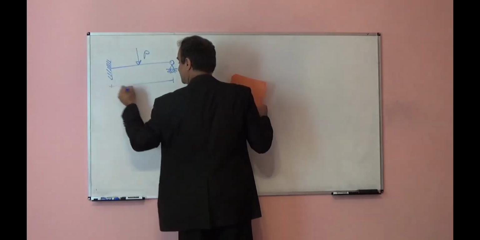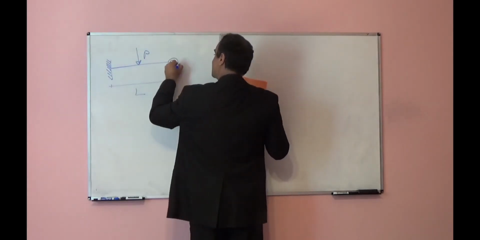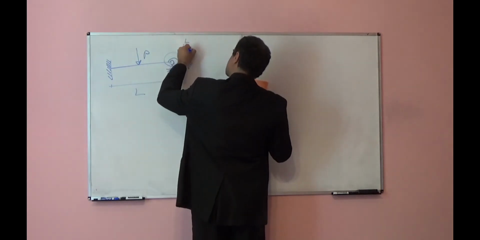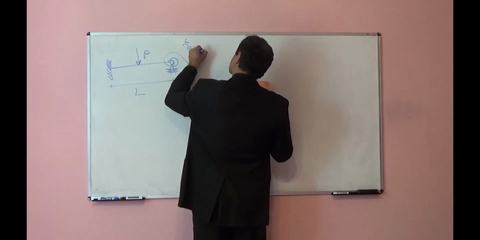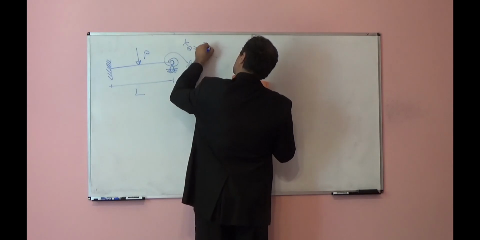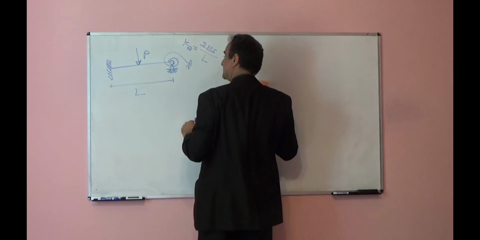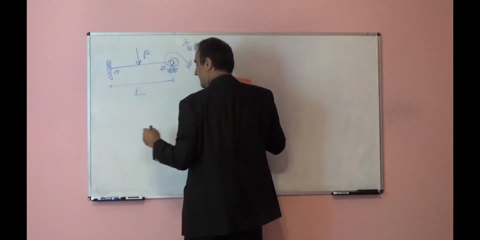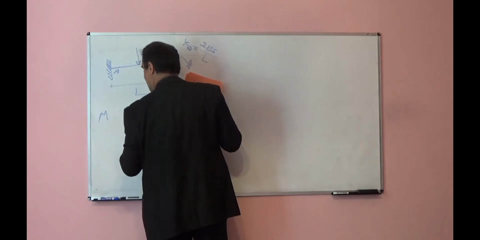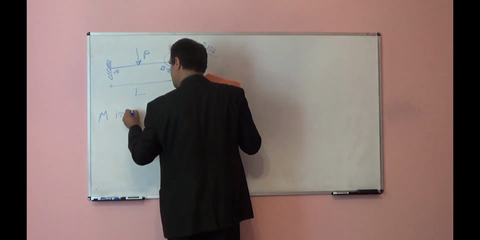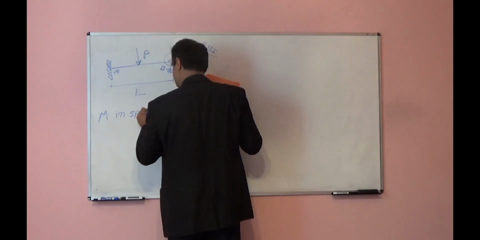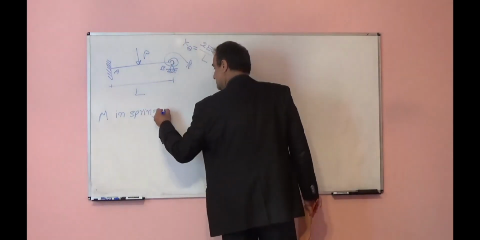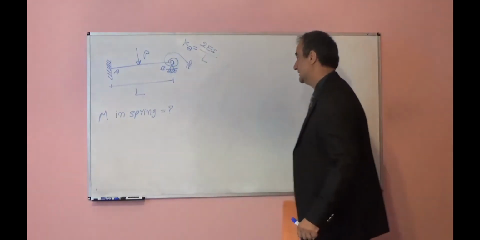The length is L. Here we have a rotational spring, and the stiffness for this rotational spring is given as 2EI over L, point A, point B. We want to find the internal moment M in the spring, the moment inside of the spring after deformation.